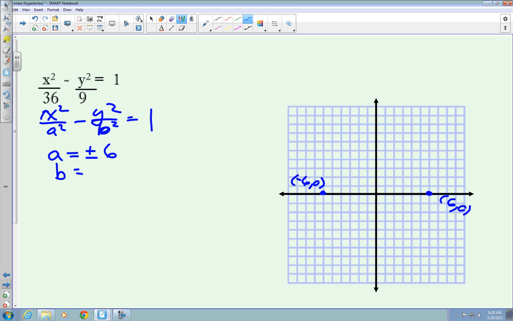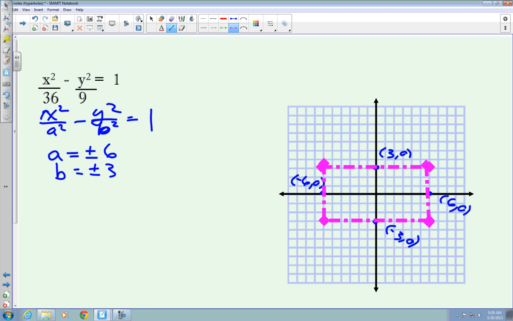My b squared is 9. B is plus or minus 3. 1, 2, 3. At a point 3, 0. At a point negative 3, 0. And once I have all my a's and b's, I can draw my box. So right through those sides.